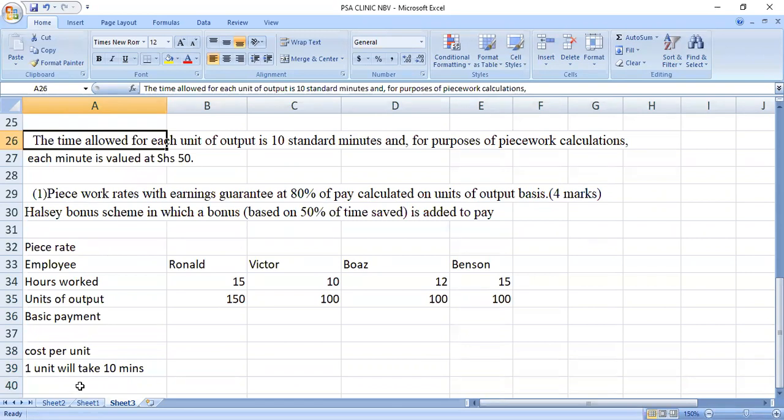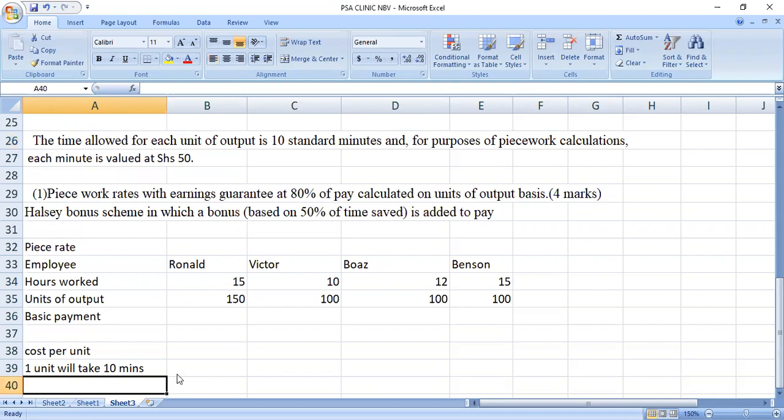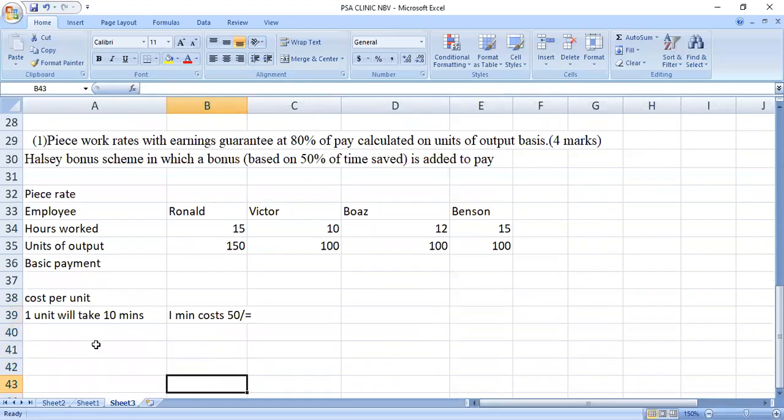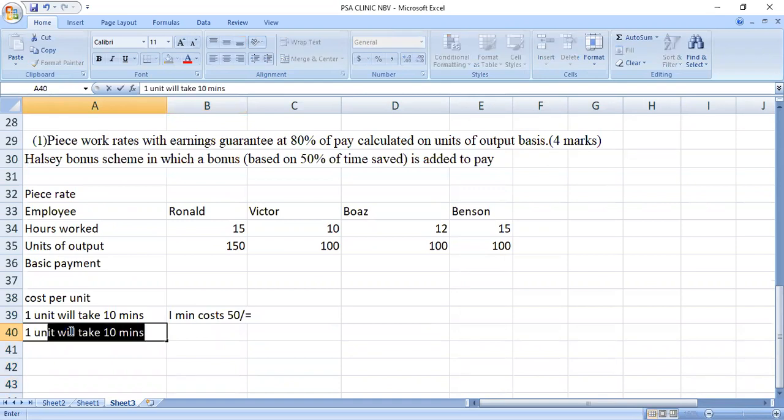But again, they're saying that each minute costs 50 shillings as far as piecemeal is concerned. So what does that mean? It means that one unit will cost 10 times 50 shillings.